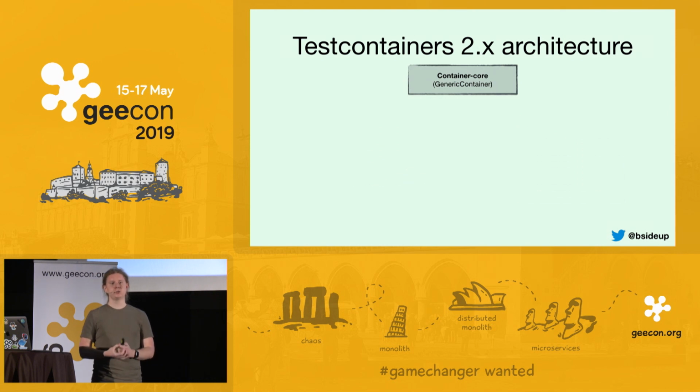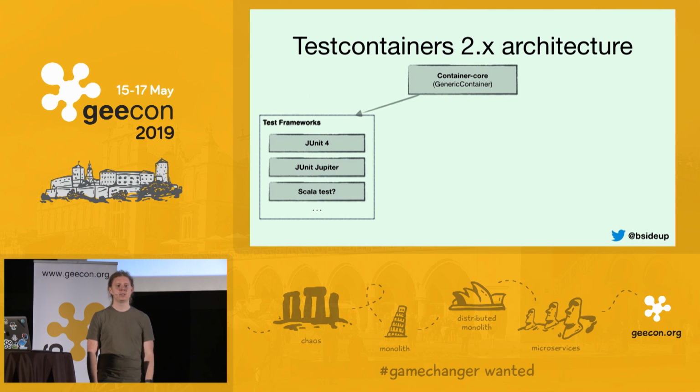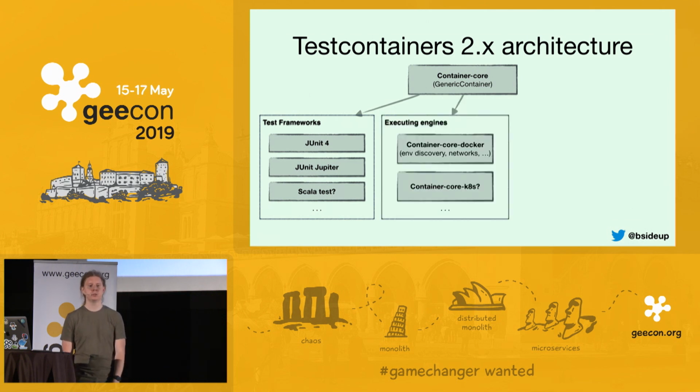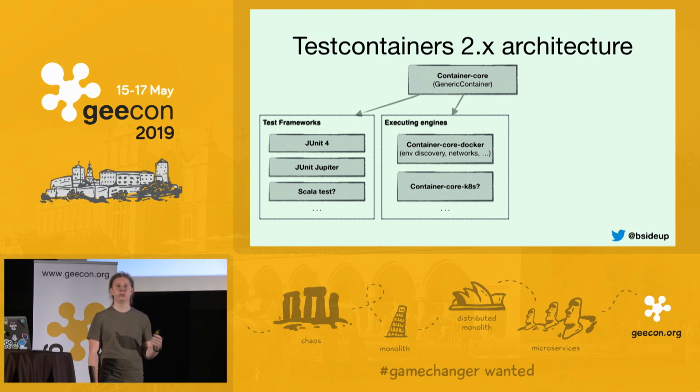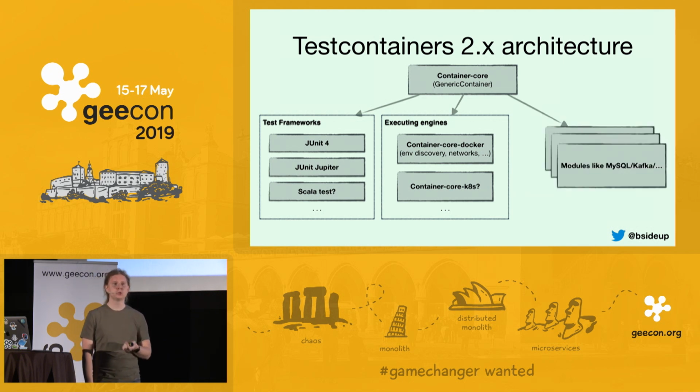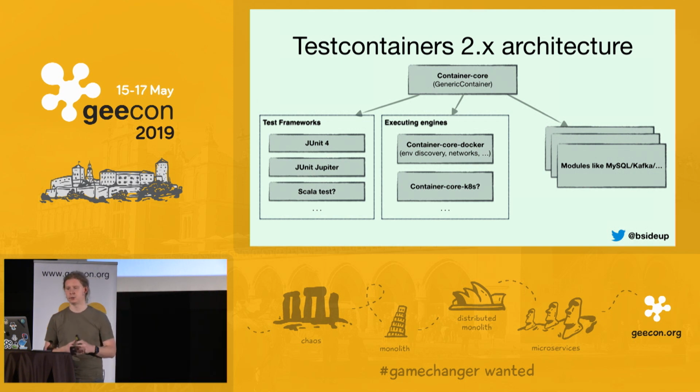In Testcontainers 2, we want to extract container core from Testcontainers, and then we will have test framework integrations, different executing engines, maybe even Kubernetes, who knows. And the modules will stay, so that you define your module with the abstraction, so-called generic container or some other name, and then users decide how to run it, either in their tests or maybe in some super simple orchestrating engines for their infrastructure.